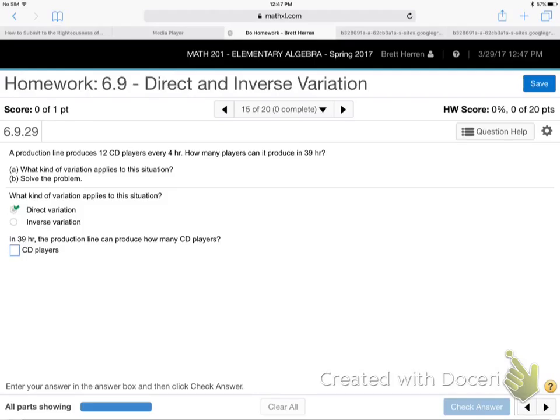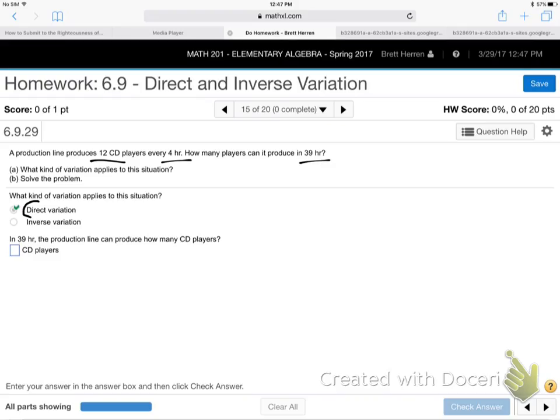All right, we're going to get to the real deal. Very real here. A production line produces 12 CDs every 4 hours. How many CDs in 39 hours? This is the first question they're asking. Is it direct?